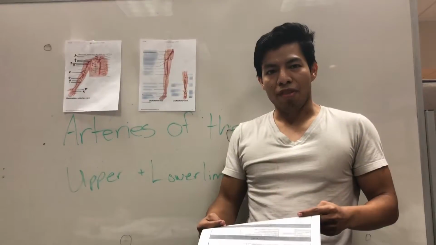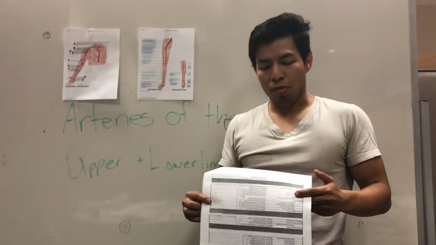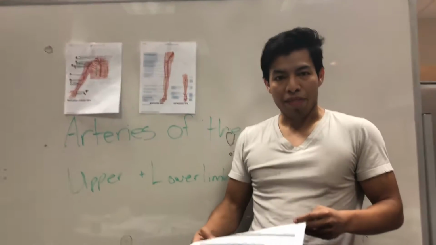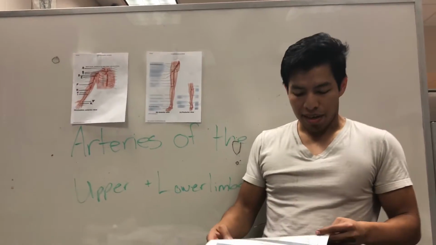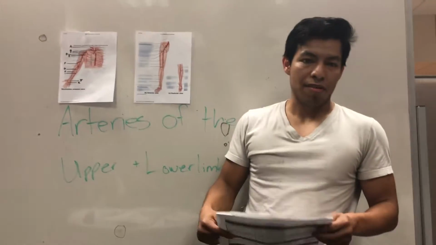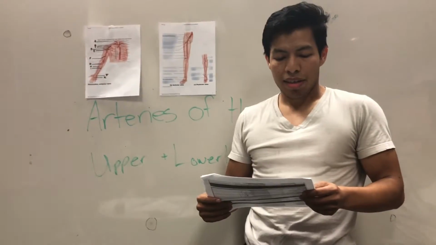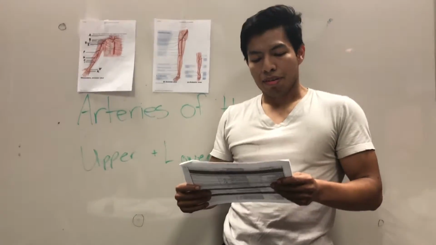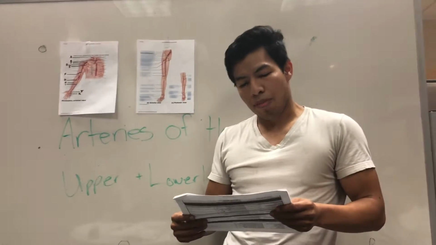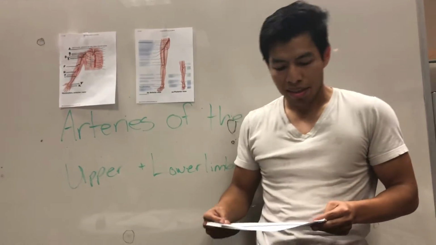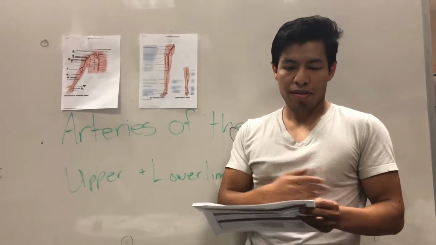And next, we're going to be going over the arteries for the upper and lower limbs. First off, we have the axillary artery. And then we have the lateral thoracic artery. After that will be the subscapular artery. Then the anterior circumflex humeral artery and the posterior circumflex humeral artery. And there will be the brachial artery.